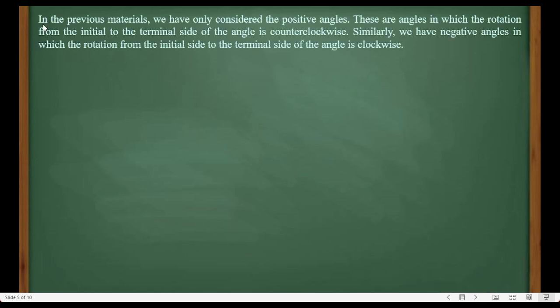Now, in the previous materials, we have only considered the positive angles. These are angles in which the rotation from the initial side to the terminal side of the angle is counterclockwise. Similarly, we have negative angles in which the rotation from the initial side to the terminal side of the angle is clockwise.